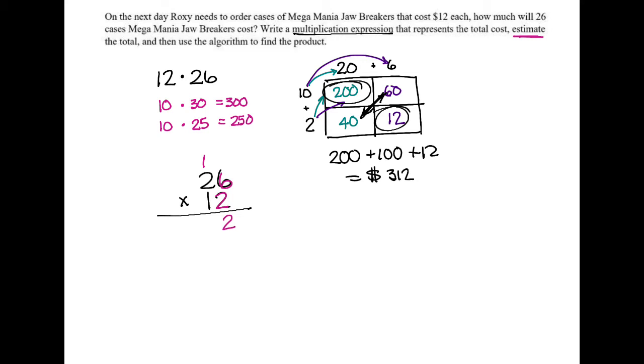So now we're going to go 2 times 2. 2 times this 2 is actually a 20, right? But still 2 times 2 is 4. Add this 1 is 5. So what this is saying is 2 times 26 is 52. That's exactly right.